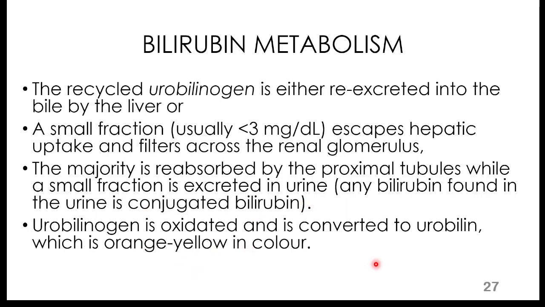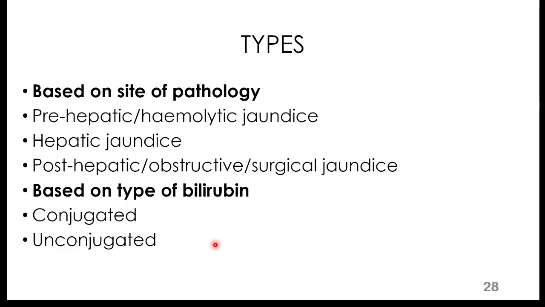Urobilinogen is oxidized and converted to urobilin, which is orange yellow in color. So again, like we said, urobilinogen and stercobilinogen are both colorless, but it's the oxidized versions of them that have the yellowish or yellowish brown color, namely urobilin and stercobilin.